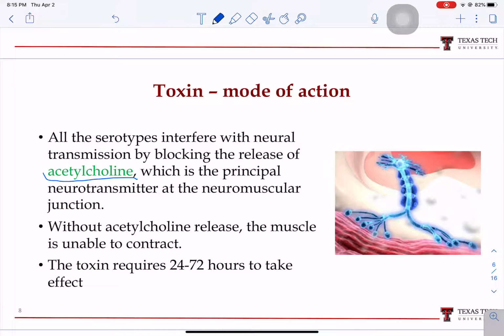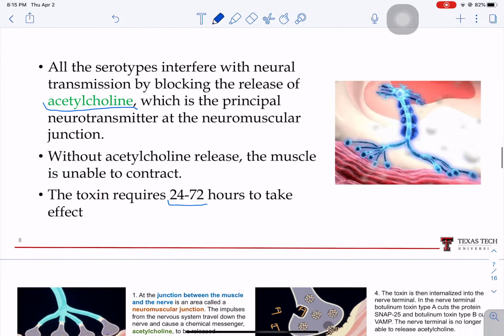It is estimated that the toxin may require between 24 to 72 hours to take effect. However, based on the literature, if you consume a large amount of this toxin, the situation might be a little bit different.